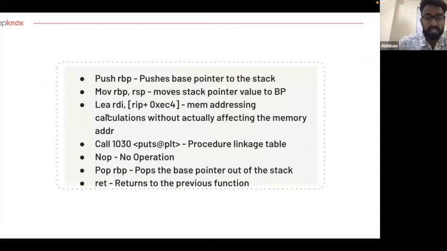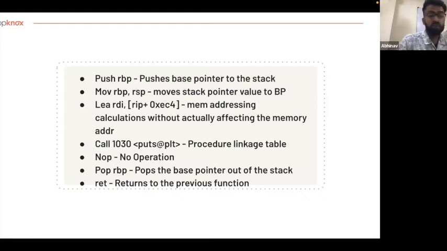To summarize these four instructions on what they are doing. The first two have initialized the stack. The third instruction is bringing some data from a particular memory location and loading it into RDI. And the fourth instruction is calling the puts.